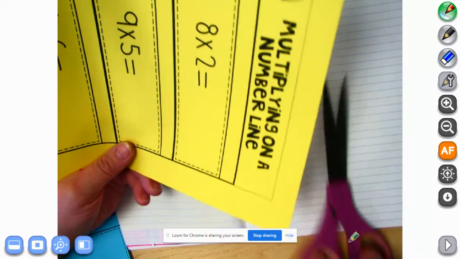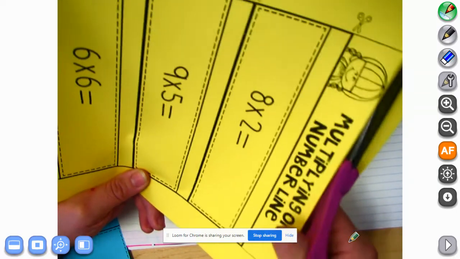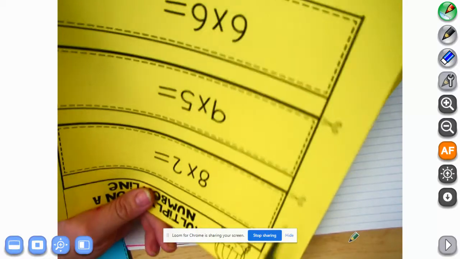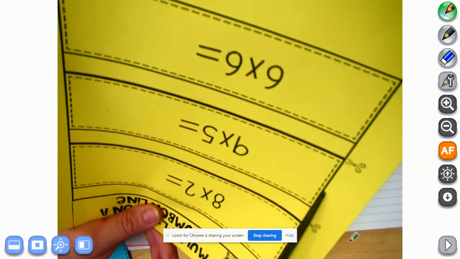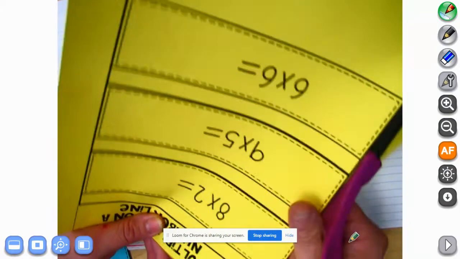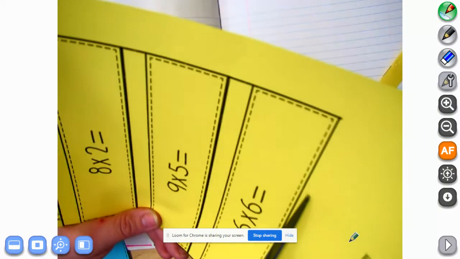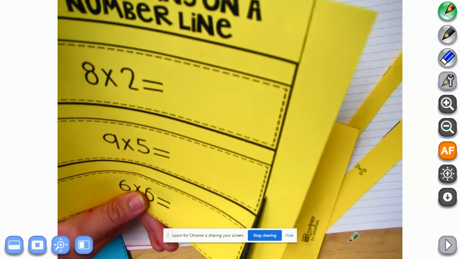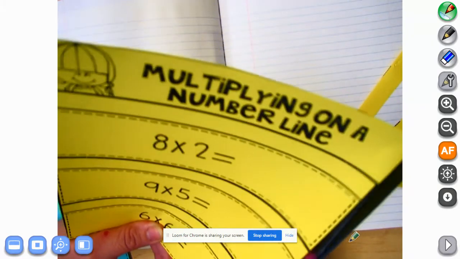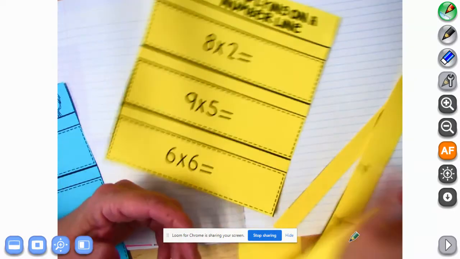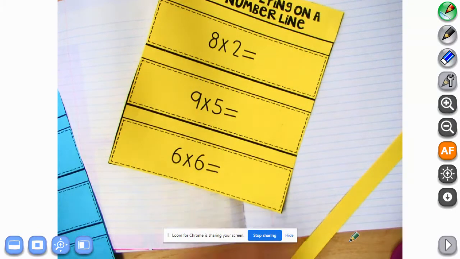And then let's cut this one out too. That way we can get all the garbage out of the way at the first shot before we have all of our stuff that we need to be doing. Okay, so I've got all my scraps. I can throw away.